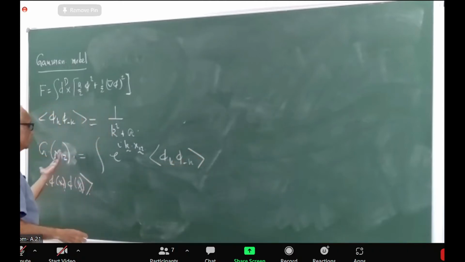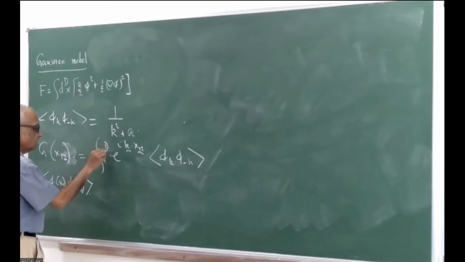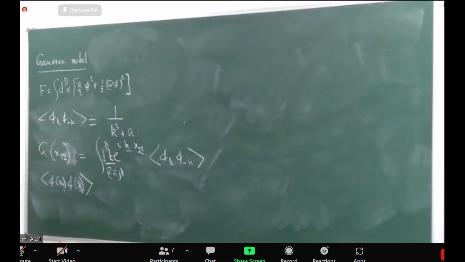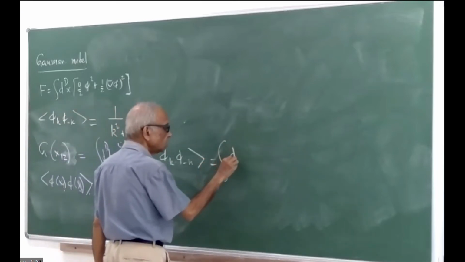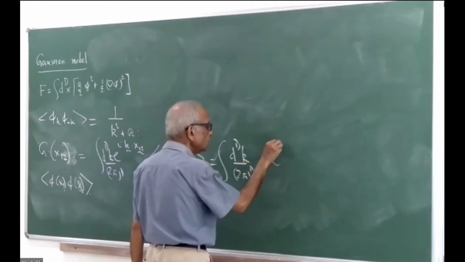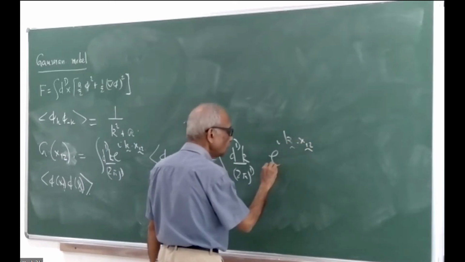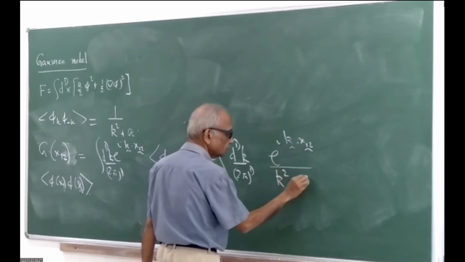So g of x12 is the Fourier transform, d^d k divided by 2 pi to the power d, times the g of k. The answer for it is the integral d^d k over 2 pi to the power d, e to the power i k dot x12 divided by k squared plus c.